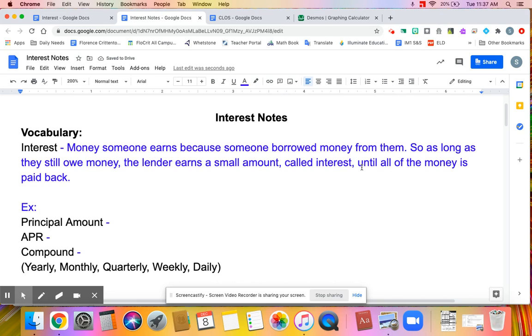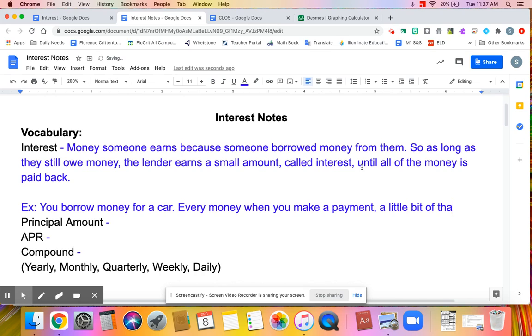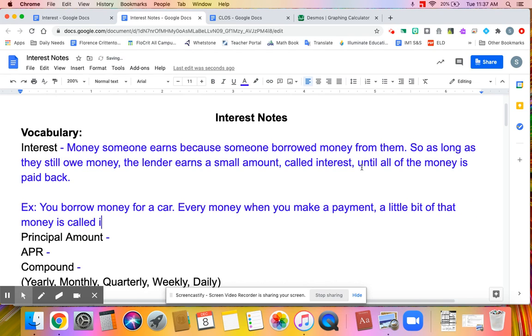For example, you borrow money for a car. Every month, when you make a payment, a little bit of that money is called interest.